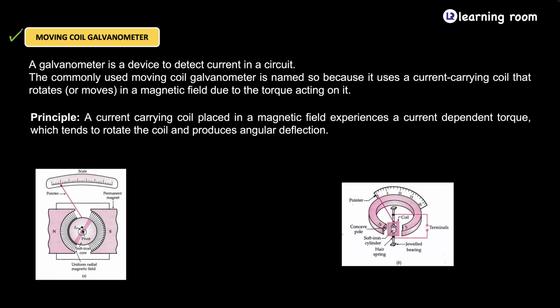So how does this work? If you observe here, where is the pointer? It is exactly at the center. Whereas if you take another device like an ammeter or voltmeter, the pointer will not be at the center, rather it will be on the left extreme.